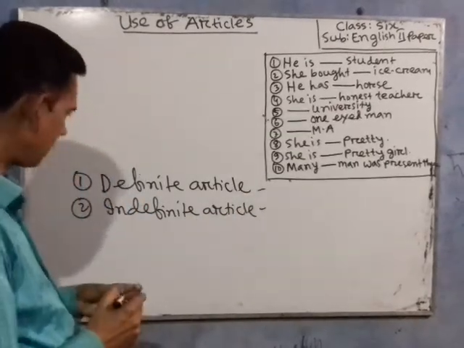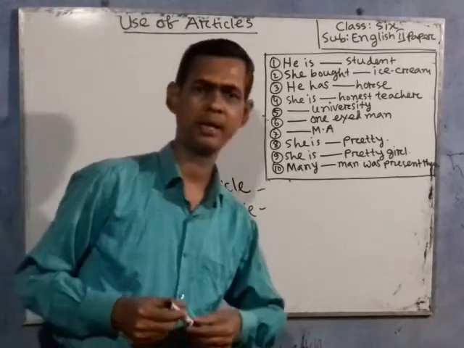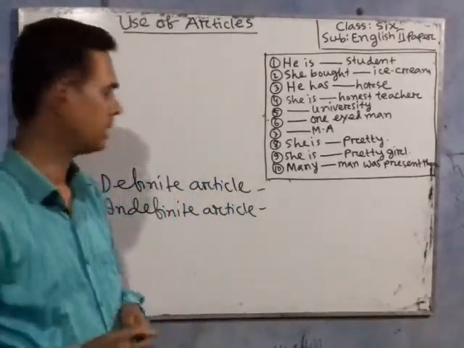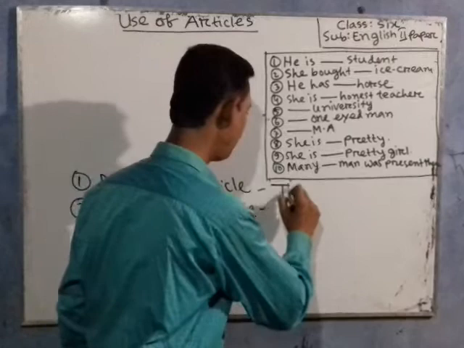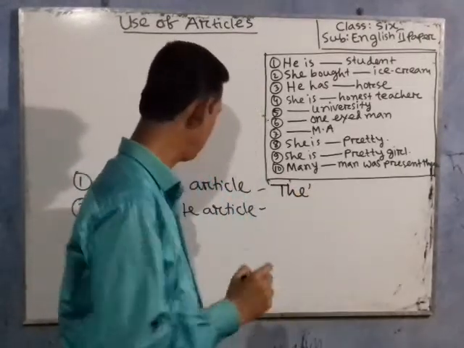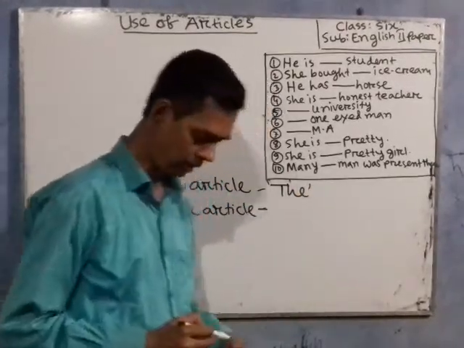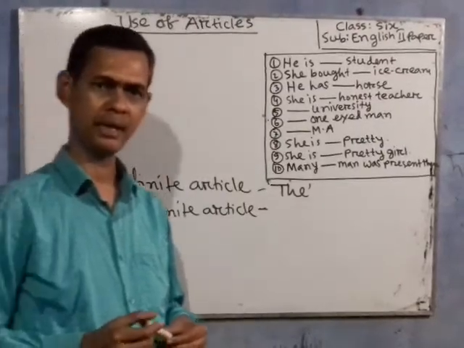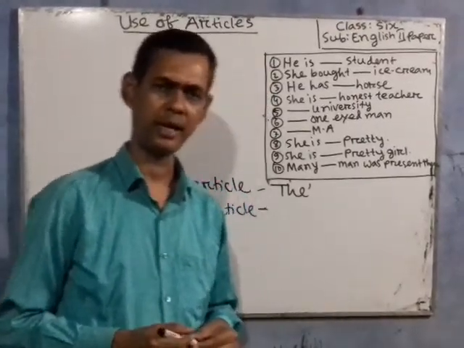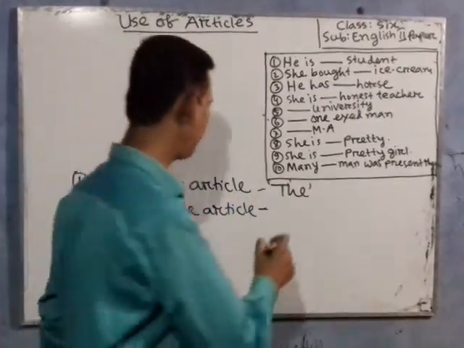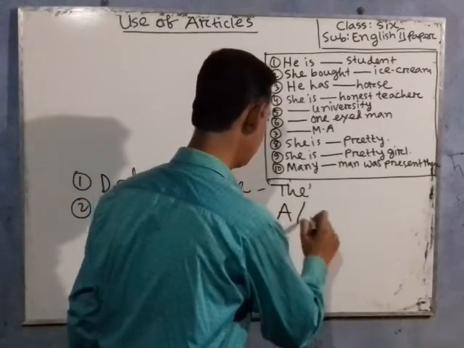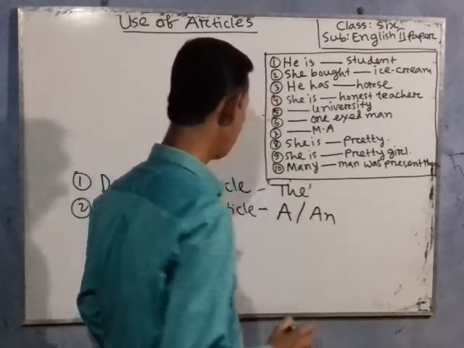The is called the definite article. And what are called indefinite articles? A and An are called indefinite articles.